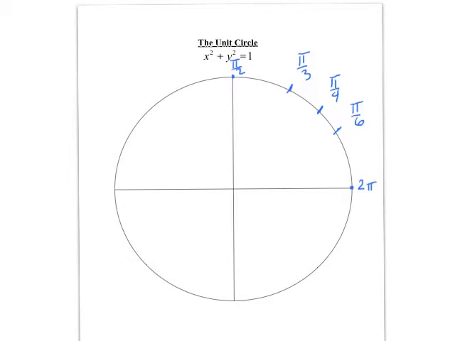And we can continue that same process. Imagine taking this triangle here and flipping it down to here and talking about that point right there. Well, that point would be 5 pi over 4.